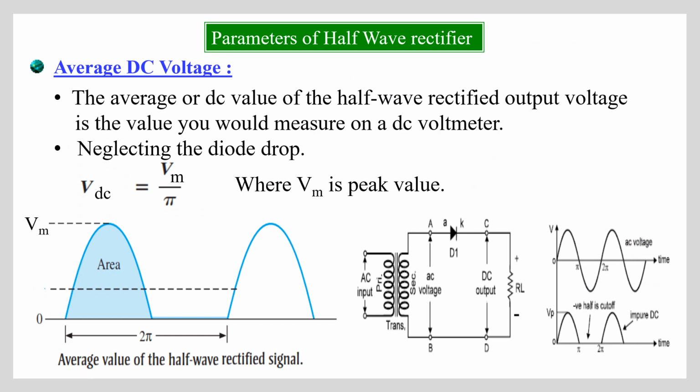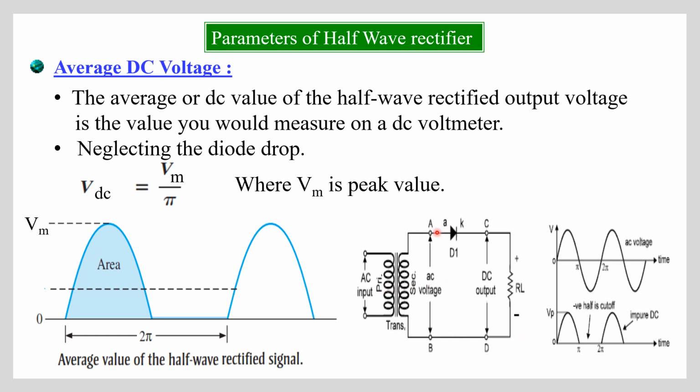Let us see a few performance related parameters for the half wave rectifier. The first parameter defined for the half wave rectifier is the average DC voltage. So what is average DC voltage? Already we have seen the working of the half wave rectifier.